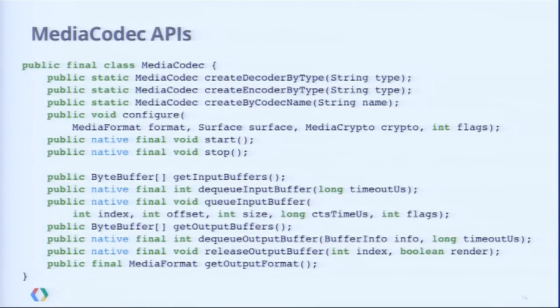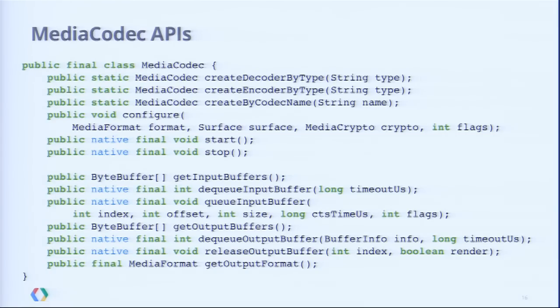And there is no input buffer available. If there is an available input buffer before the timeout period, it will return a valid byte buffer index, which is a non-negative value.